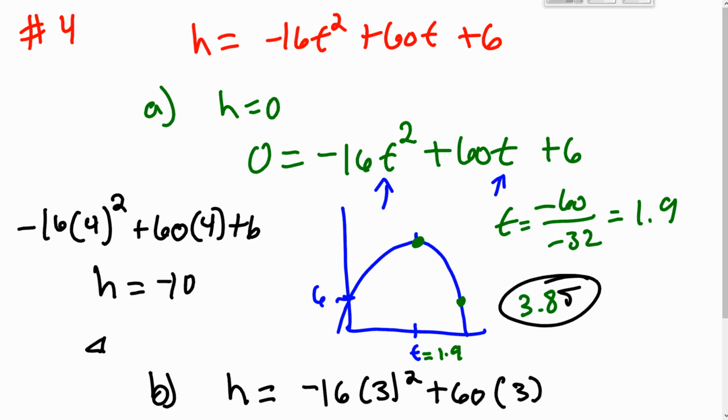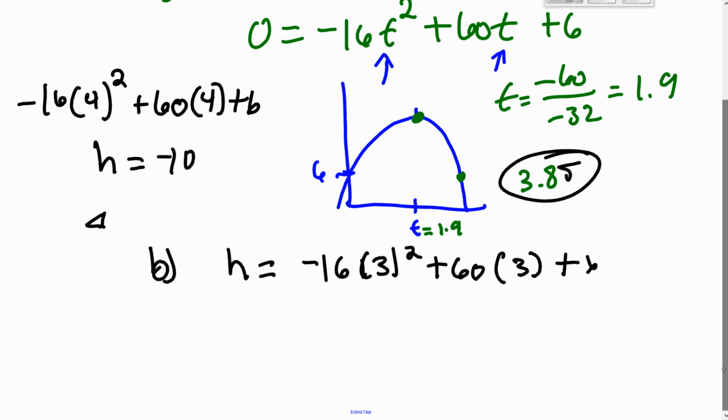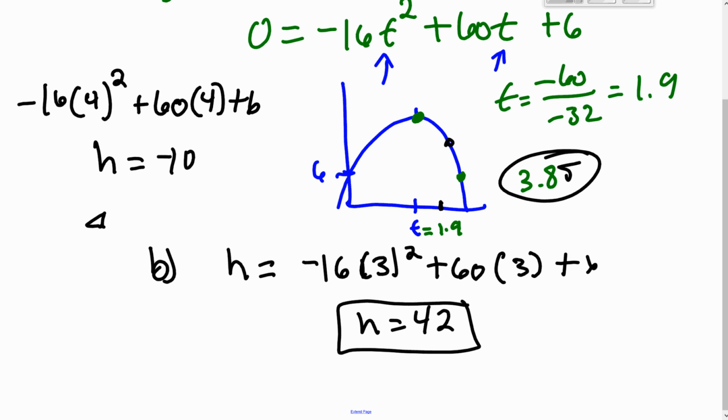So you plug in the 3, square it, times by negative 16, and you get 42. So your height is equal to 42. So at 3 seconds, you're still at 42. Okay? So that's your answer to B. Let me go ahead and highlight those.